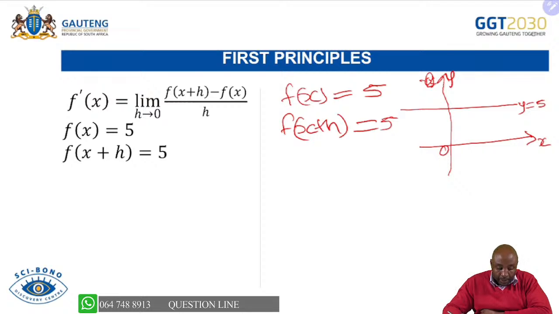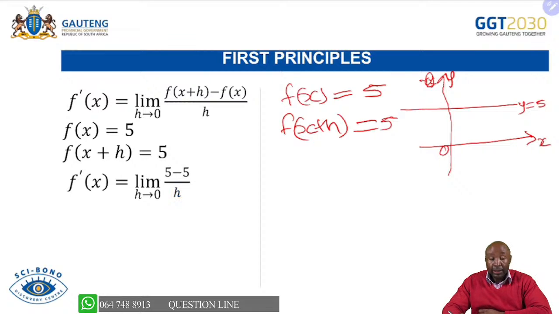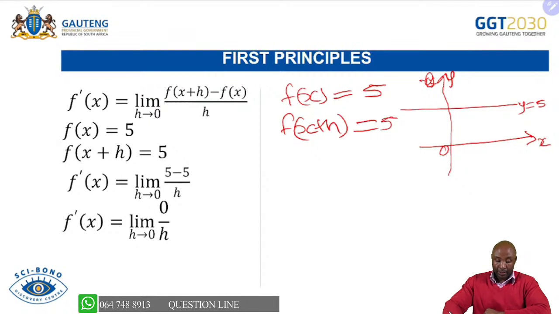Now, let's substitute our f of x plus h back into our formula and we see what is going to happen. So we will get our first derivative given as that. And then from there, we are able to simplify. So we've done substitution. We simplify, we get 0 over h.